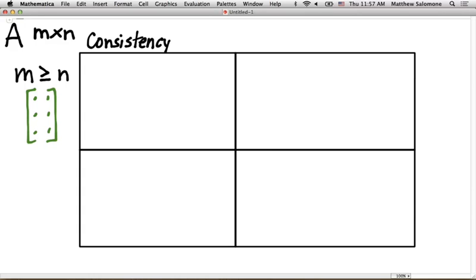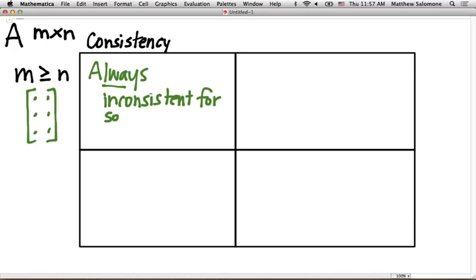Since it's not possible for us to have a pivot in every row, it's possibly inconsistent, right? There always exists some right-hand side that will make this inconsistent. So there is always, it is inconsistent for some choice of B. In other words, there are no matrices that are taller than they are wide for which AX equals B is always consistent.